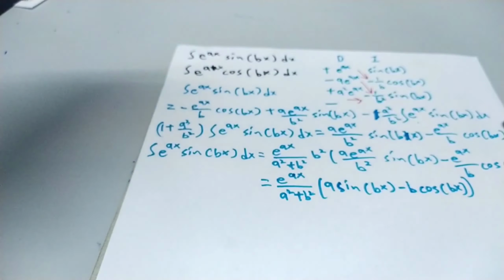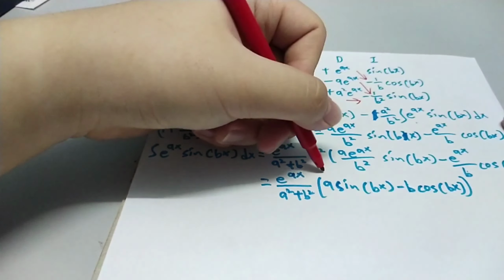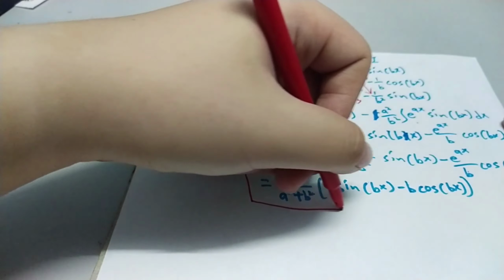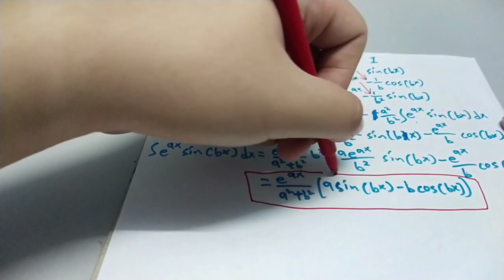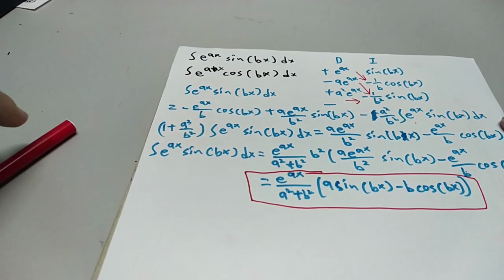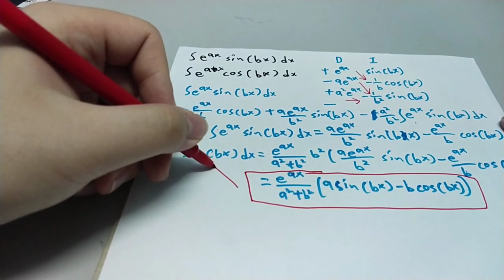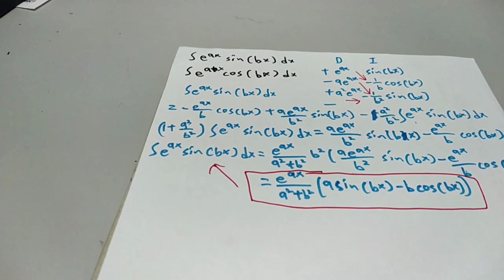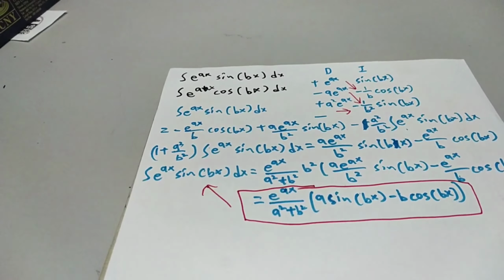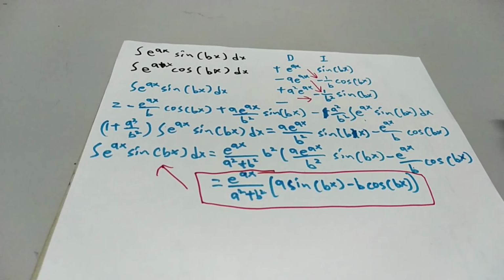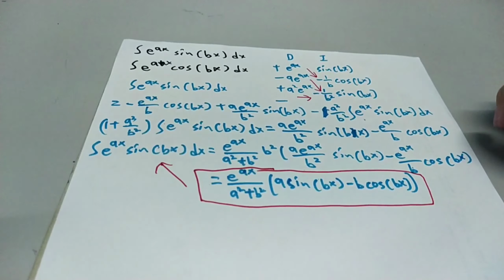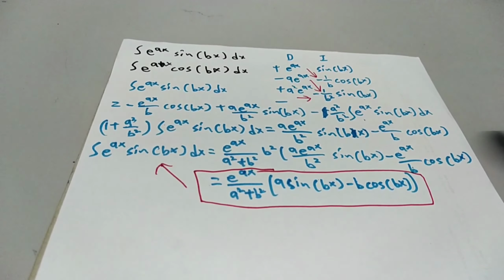So this is the shortcut for the integral of this one. Now let's jump to the integral of e to the ax times cosine of bx dx.